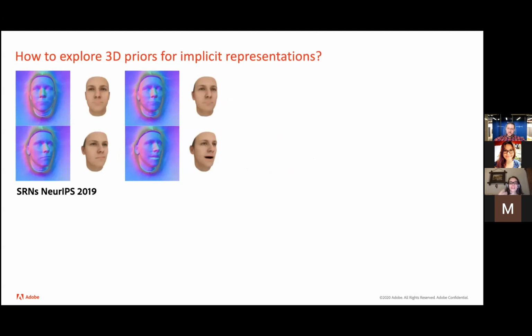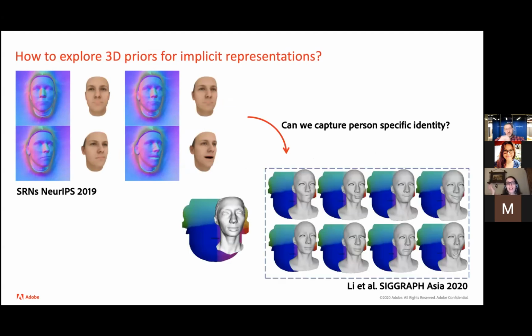We already know what a typical 3D face would look like, so we can inject this prior into our implicit network, but we know a deformable model may not be able to capture person-specific details. So we could then leverage implicit functions to capture person-specific identity details or specific expression details. So I think especially in the context of human faces and human bodies, bringing the information from 3D deformable models into implicit networks seems like a good next step to explore.